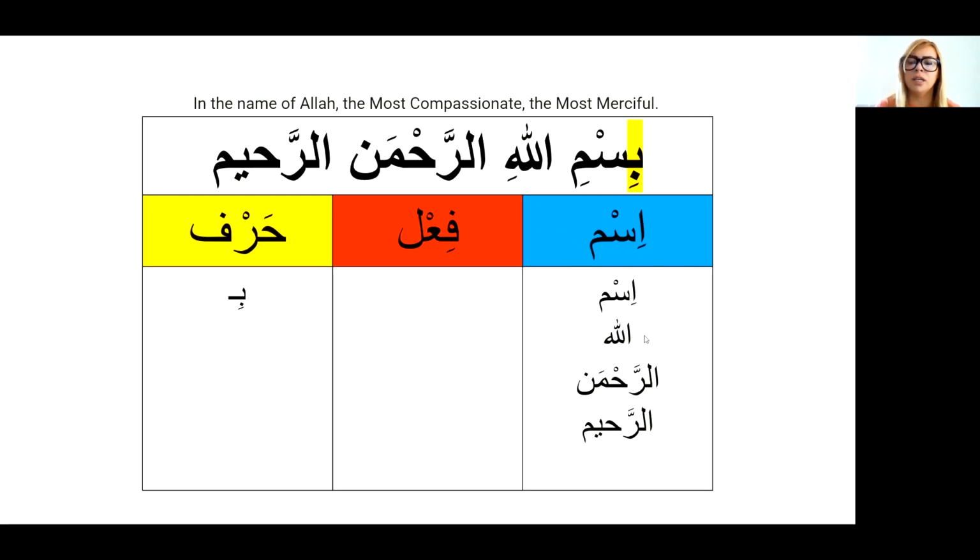Okay, Allah over here, Ar-Rahman, Ar-Rahim, the most compassionate, the most merciful. So adjectives, Allah, the name of God, and Ar-Rahman, Ar-Rahim, adjectives, and we have the alif lam as well. And ism, it came after the particle of jar, the B.